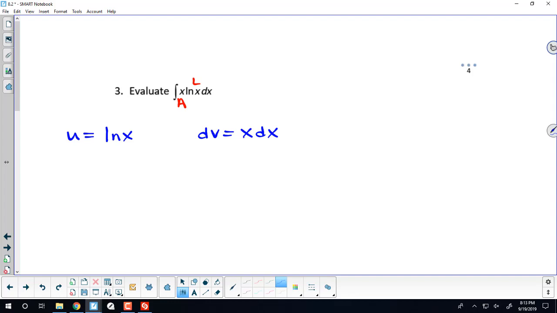The derivative of ln x, du, is 1 over x dx. The antiderivative of x is x squared over 2. Again, a product of two functions of x is usually a good candidate for integration by parts.